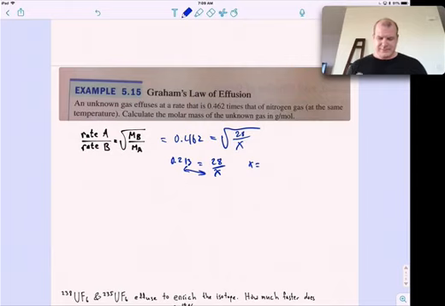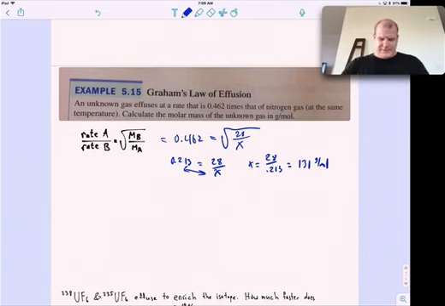So X equals 28 over 0.213, and that's 131 grams per mole.